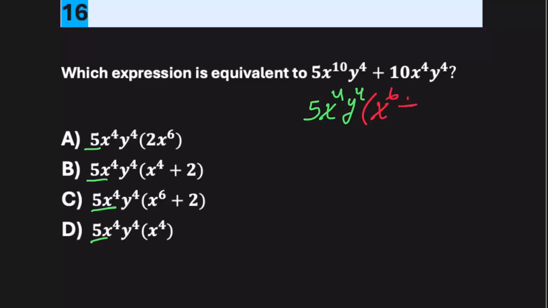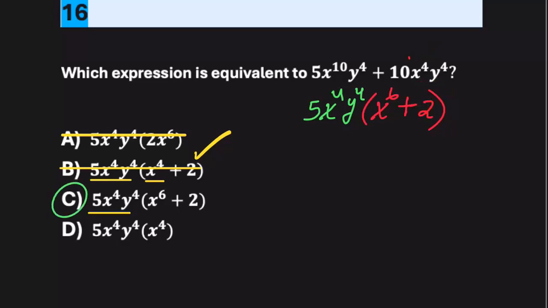And on the other side of the plus sign, we have 10x to the 4, y to the 4. So we took these two out, and we took 5 out of this 10, so we have 2 left here. So let's go through the multiple choices. Choice C has 5x to the 4, y to the 4, and inside the parentheses, it has x to the 6 plus 2. And the answer is right here.